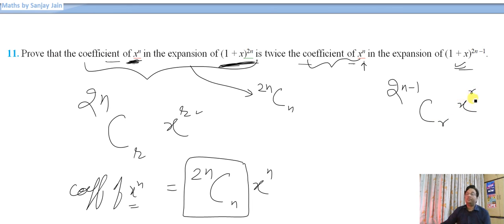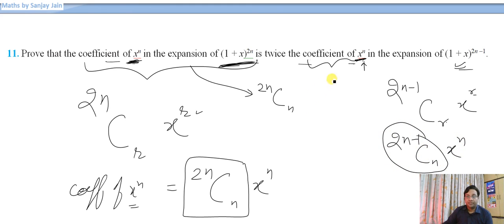Let me write it first like this, then I'll replace r with n. So what is the coefficient of this? It is 2n minus 1 cn x raised to power n. So the coefficient of this is 2n minus 1 cn. Let us see if this is twice of this.